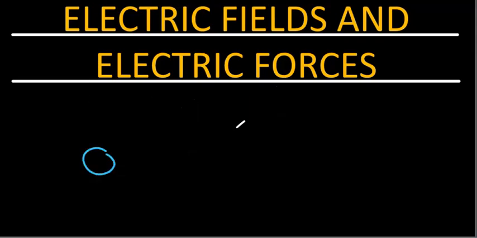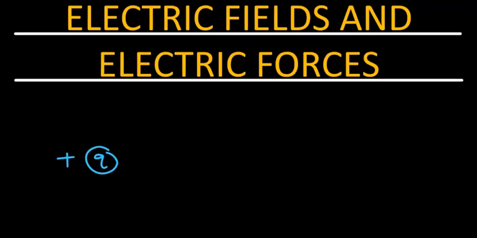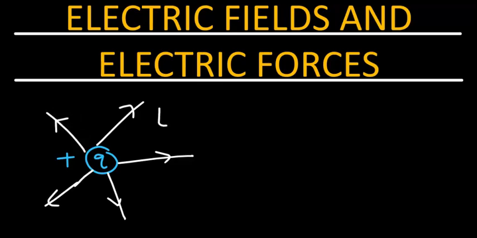Assume you have a point charge whose strength is Q, and it is a positive charge. The pattern of electric fields it creates is radially outward, like that. So that is the electric field created by a positive point charge.